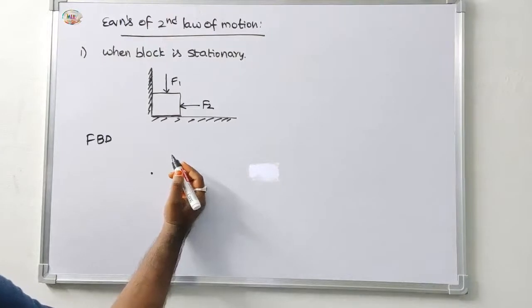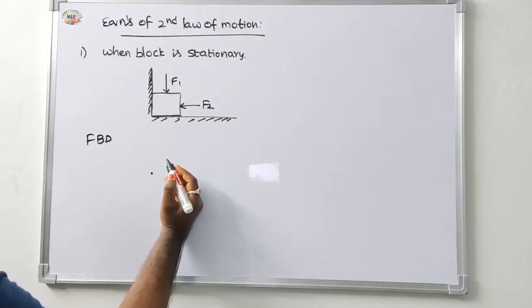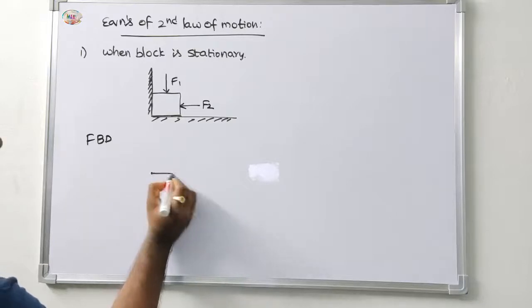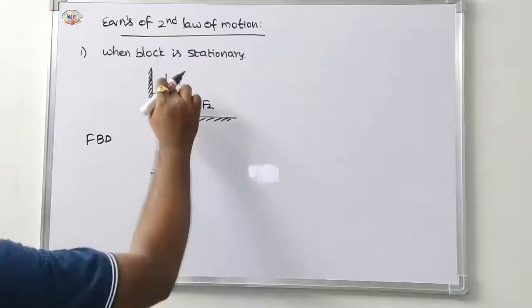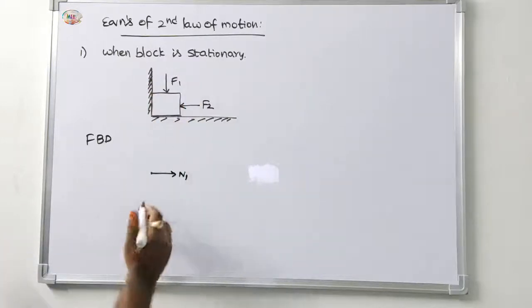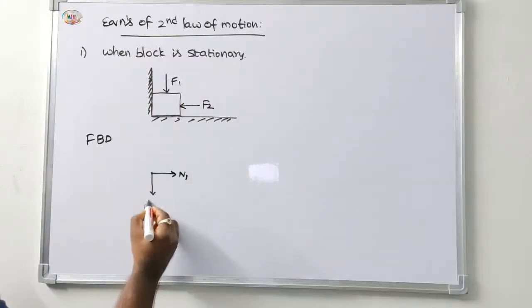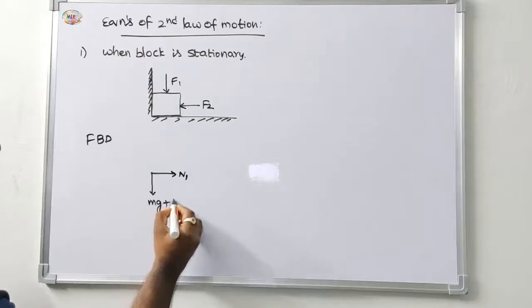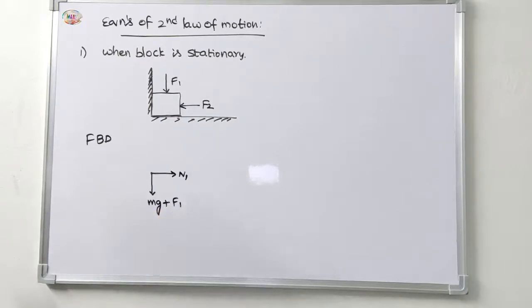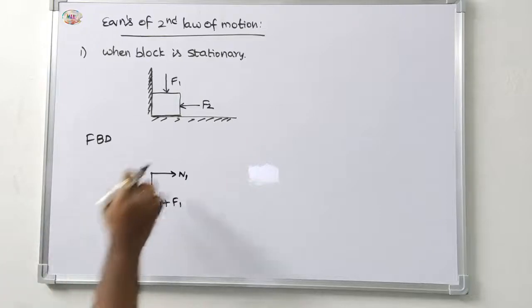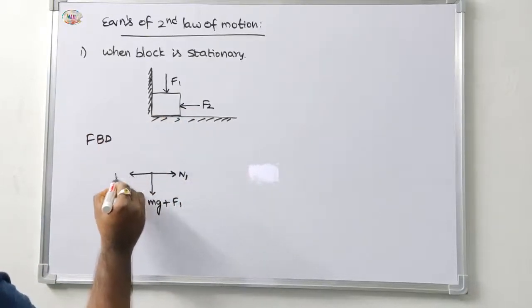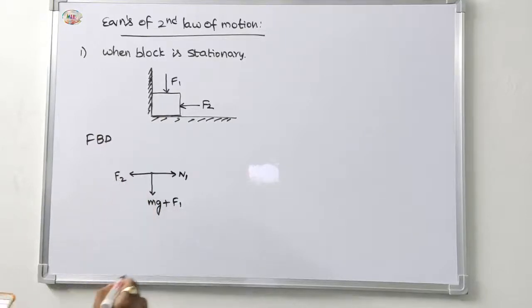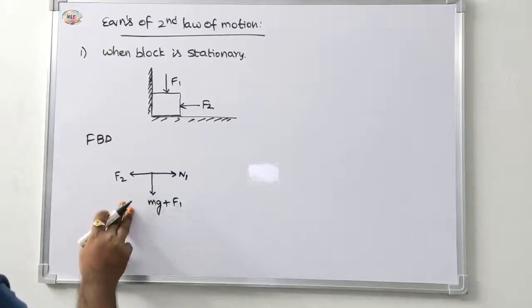In this one, the force acting in this direction is N1. The F1 force is acting downward, that is mg plus F1. F2 is acting in this direction.